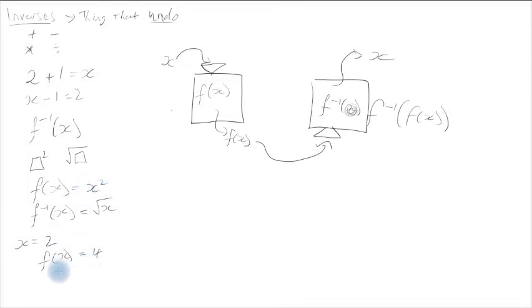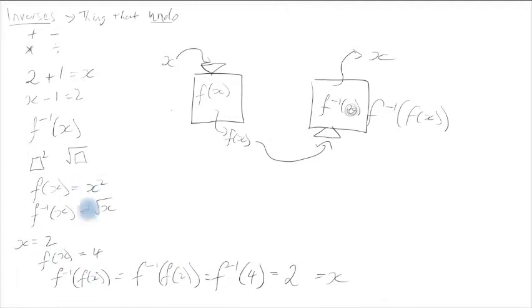Now if you wanted to do the inverse function of f of 2, that equals the inverse function of 4. The inverse function is the square root, so the square root of 4 is, of course, 2, which is our x. So it's kind of like a cycle. The inverse is the thing that undoes your function.